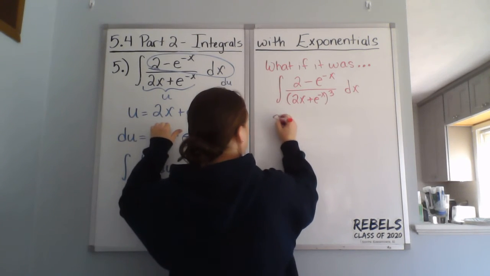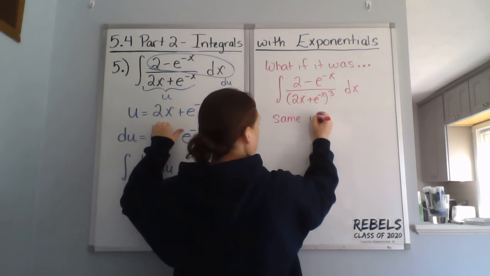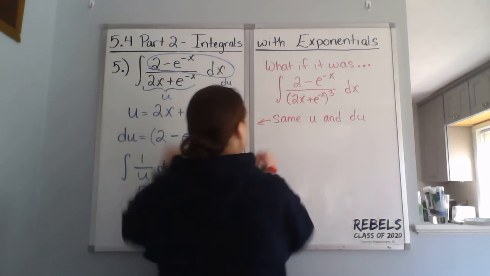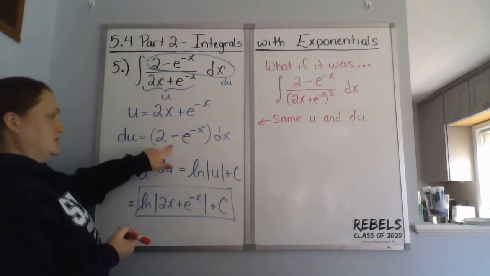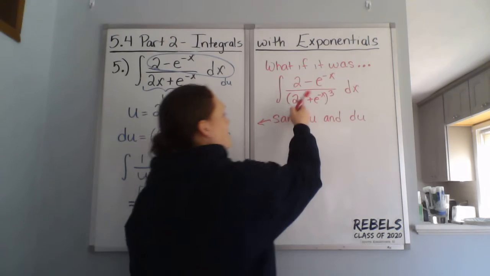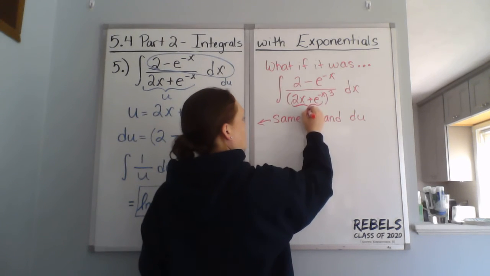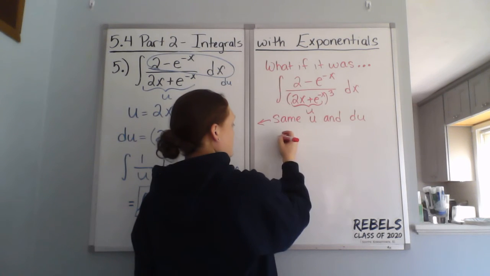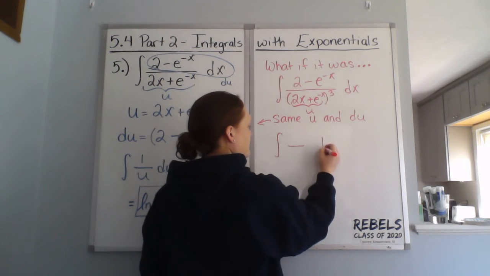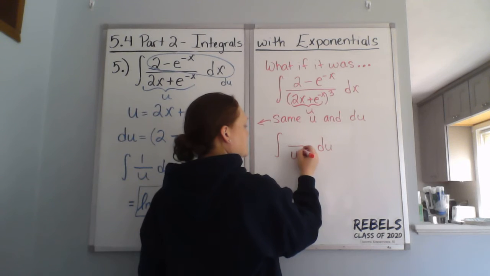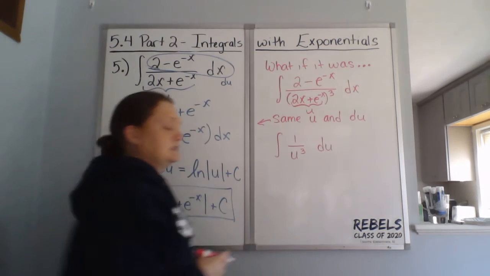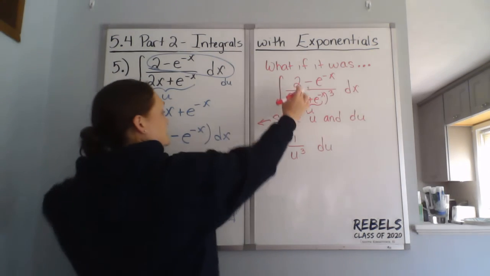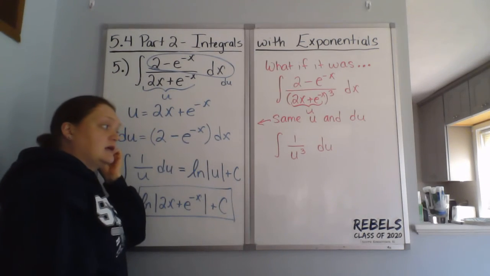That just means that this right here will be u, that top part will be our du. So when we rewrite, we're going to have u to the third in the denominator instead. That's the only difference between this start and this start: the parentheses cubed in the denominator.